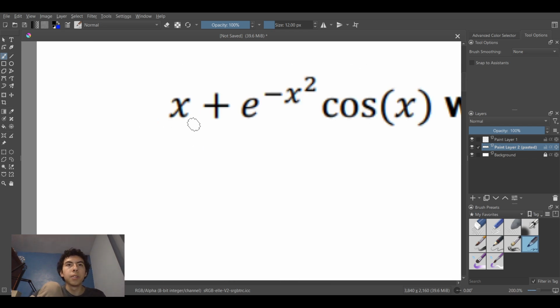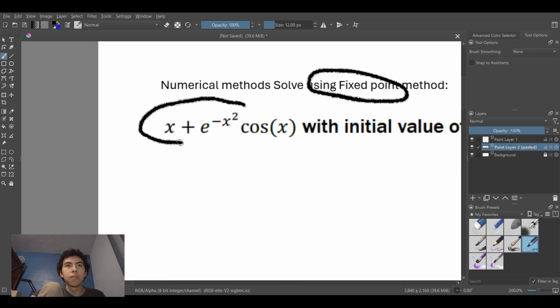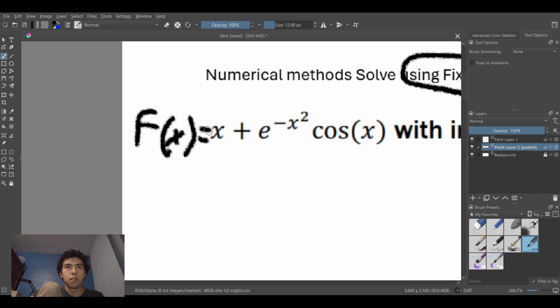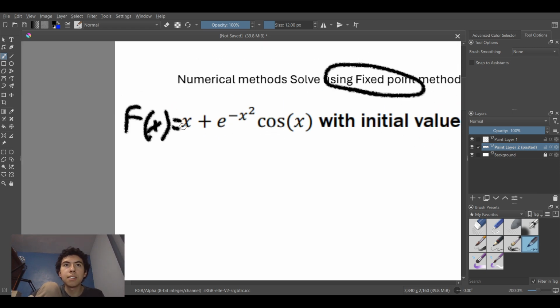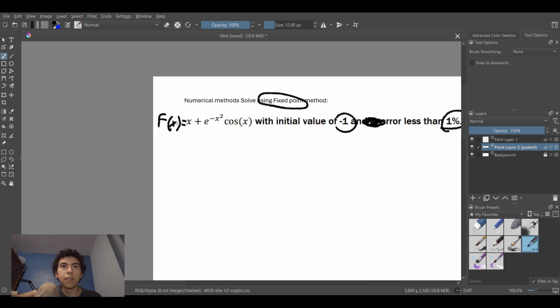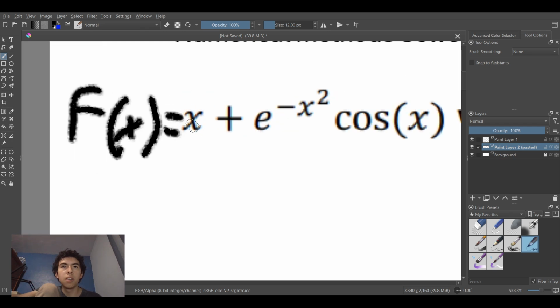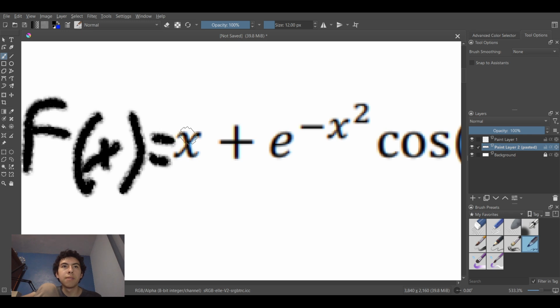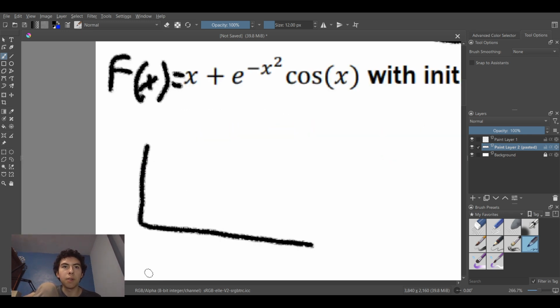We're going to take our initial function, which is f of x, and take an x in this case and make it equal to the rest of the function so that we get g of x. Essentially, we want the value of y in our graph to be 0.